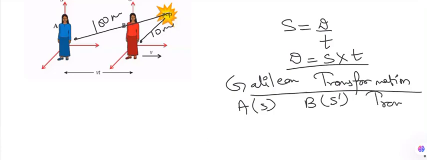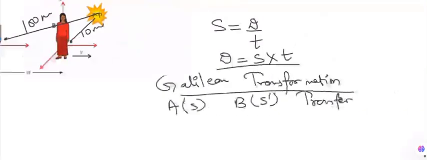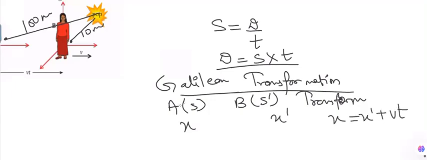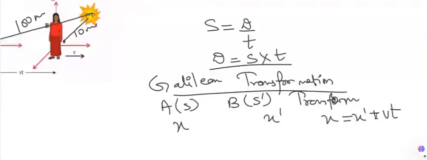How they will transform, I am writing here. The X axis will remain, but in the transformation X dash plus Vt is added, as V is at a distance of Vt, as per A's observation for B.